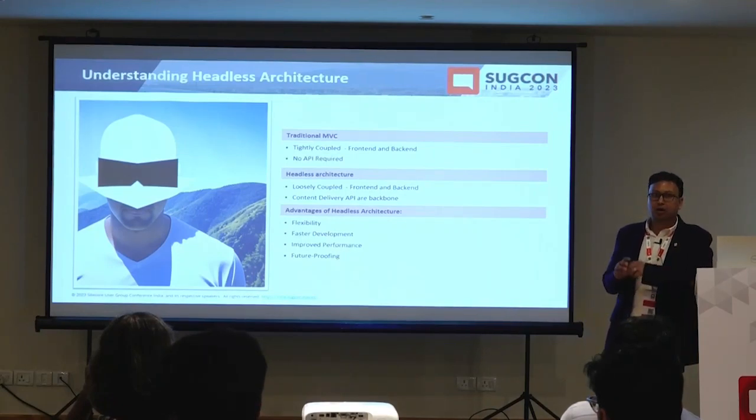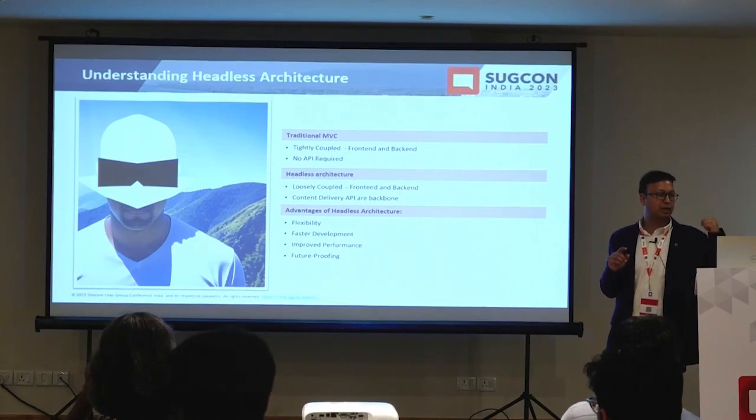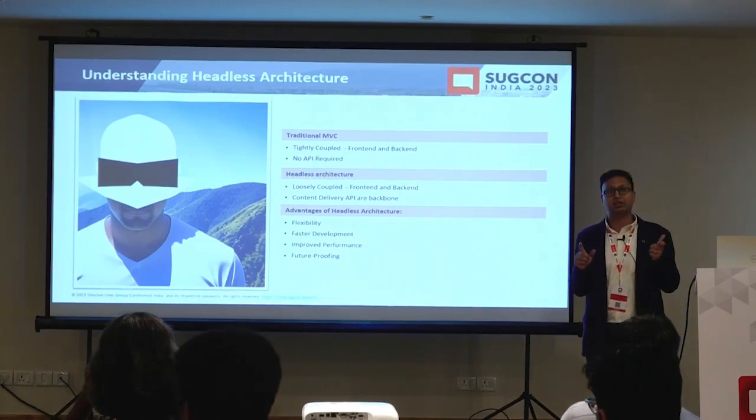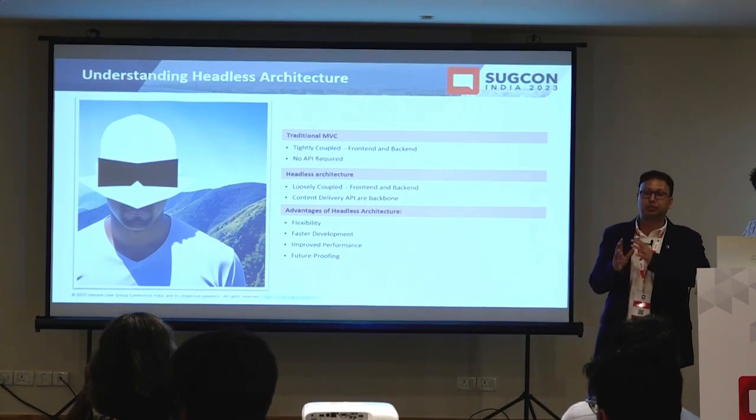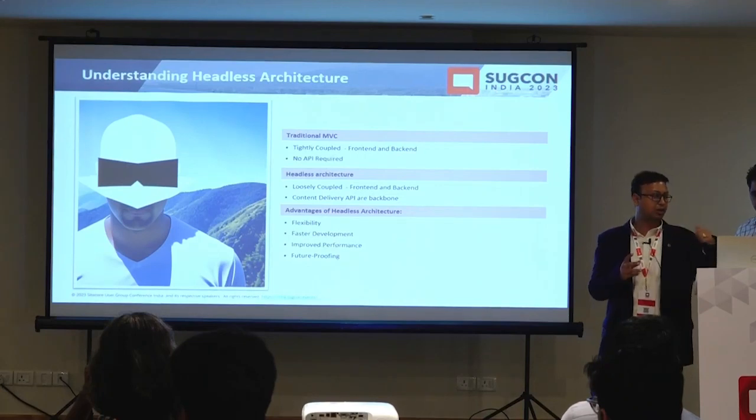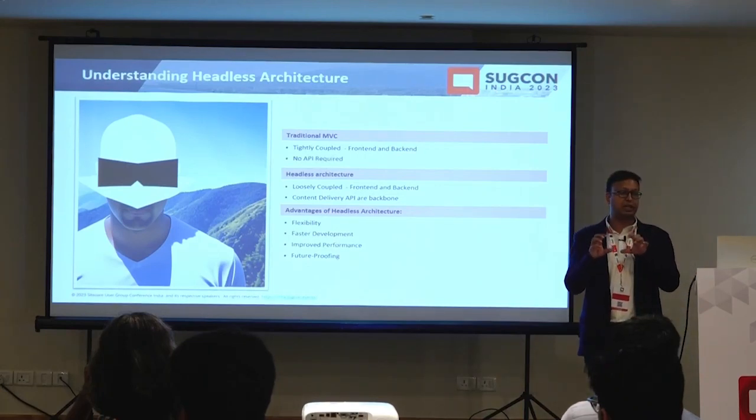Here I'm explaining the headless architecture. What architecture have they changed from before JSS and after JSS? What has changed now? That's where I'll explain the traditional MVC and headless architecture.